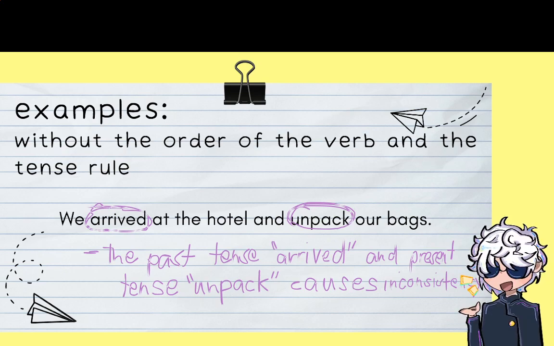So I encircled the verbs. The past tense is arrive, and the present tense unpack causes inconsistency because they are not parallel, as one is in the past tense and one is in the present tense.